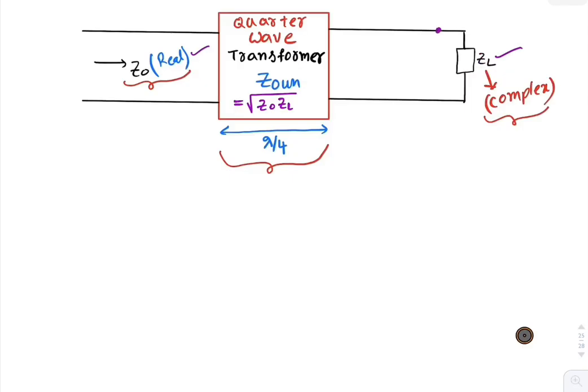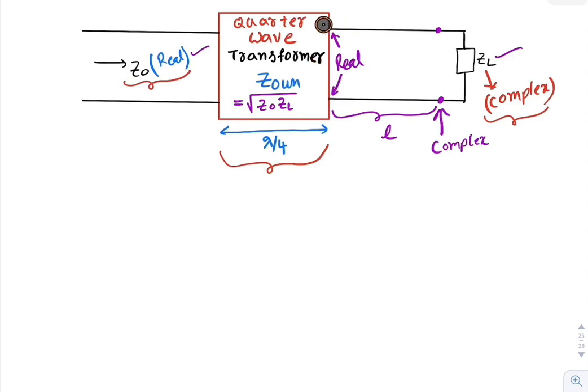That means, let us say this is the place where I connected the load, and if I travel a distance, let us say L, then the impedance that you are going to observe, which is complex at this point, will be real when you reach this point.